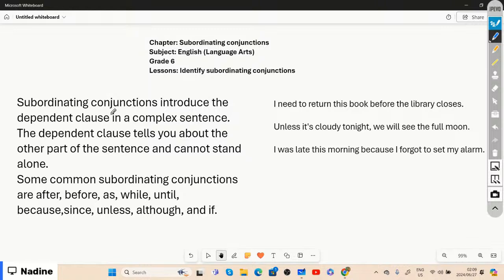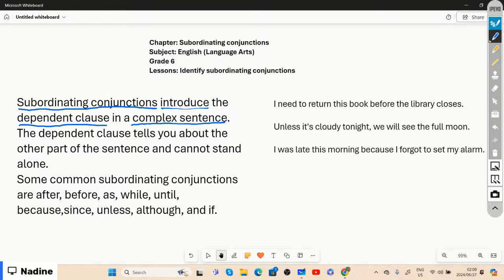All right, so once again, we have subordinating conjunctions. And remember, we said that there are different kinds of conjunctions. You're just going to have to know the difference between them, right? A subordinating conjunction introduces the dependent clause within a complex sentence.